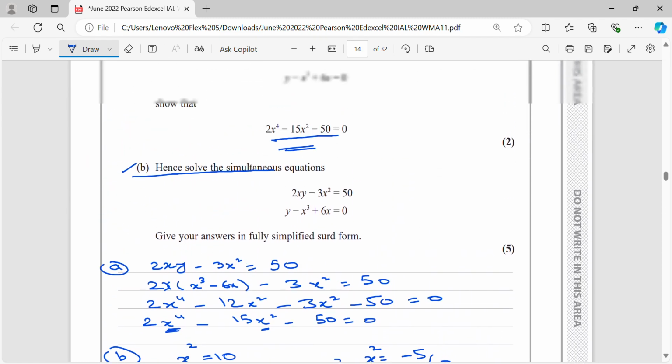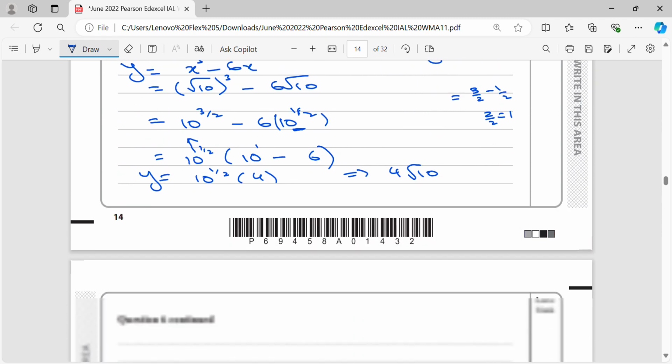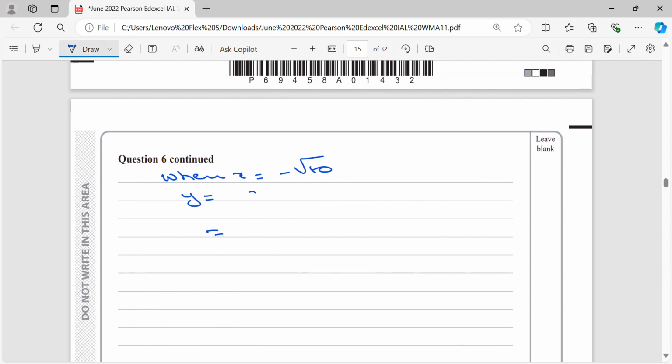So let me check. Yeah, okay. Let me rewrite it again because it's confusing here. So I have x cubed minus 6x, okay? So x is minus root 10. This is in a bracket, cubed, and minus 6, and then I have negative root 10.